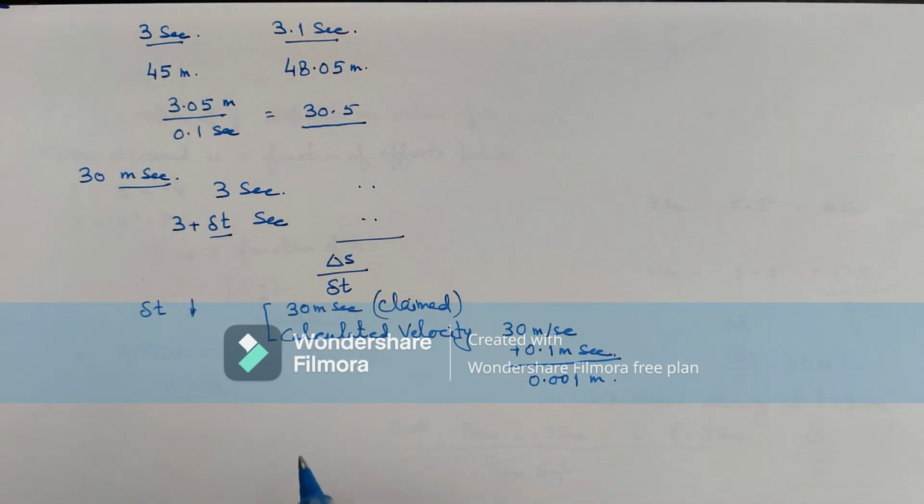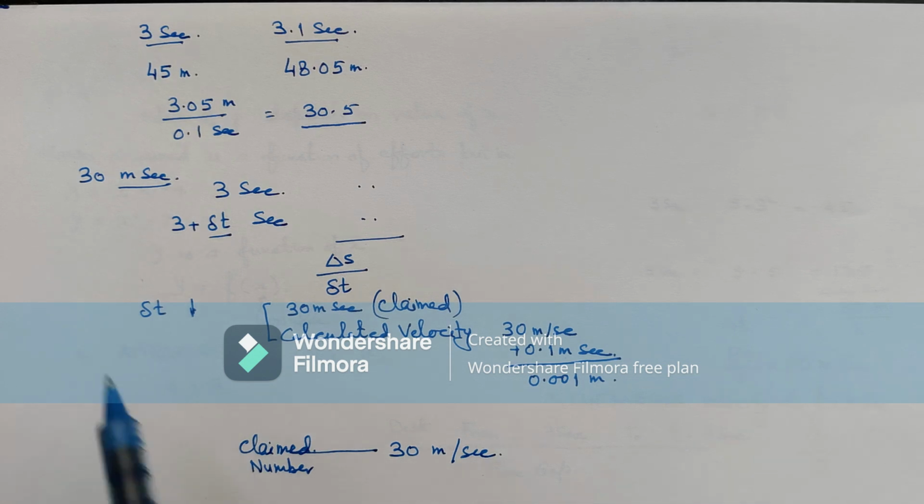I can bring it as close to my claimed number of 30 meters per second as I want, by reducing the delta t more and more. The more I reduce delta t, the closer it will reach to 30 meters per second. There is no limit to how close I can get to 30 meters per second.